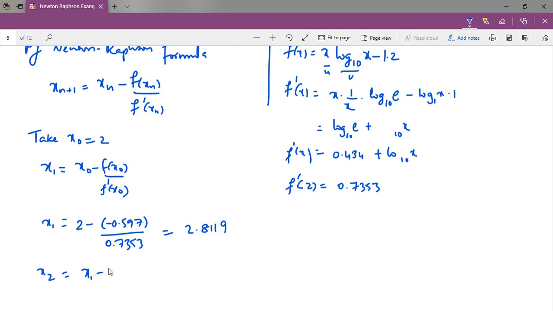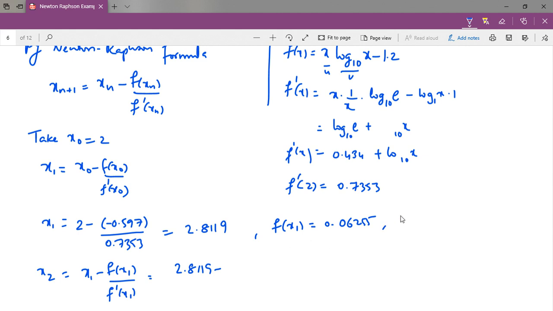For x2, that is x1 minus f of x1 divided by f dash of x1. Putting the x1 value, 2.8119 minus f of x1.